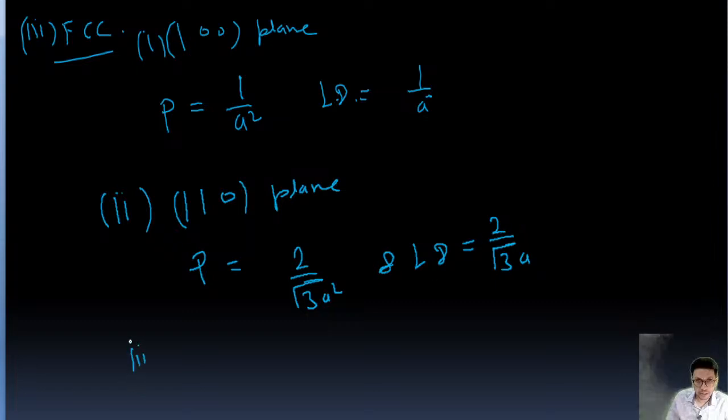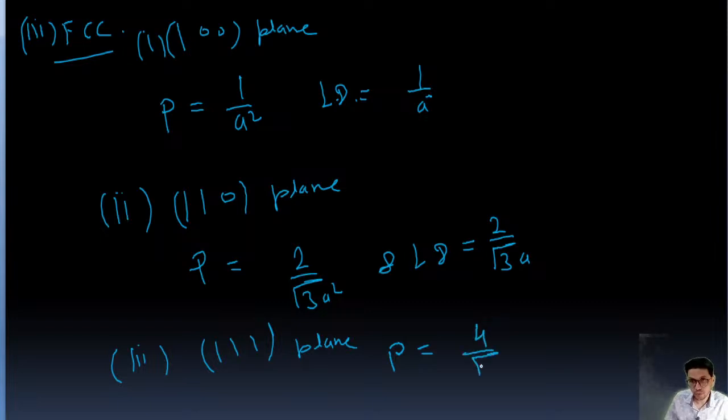Now third, for the 111 plane, n effective is 2 for this. So rho I'm directly writing, then I'll make a chart. Rho is going to be 4 by root 3a square, and linear density is going to be 1 by root 3a.